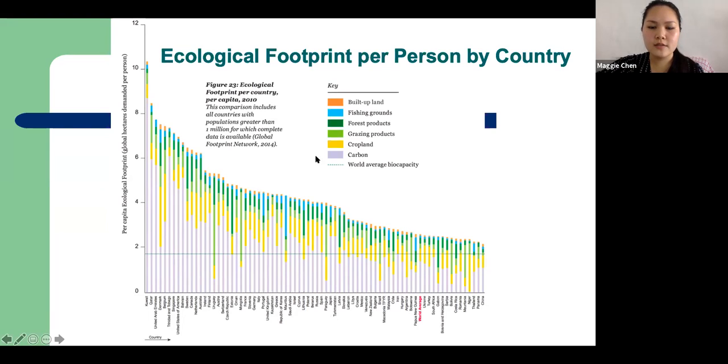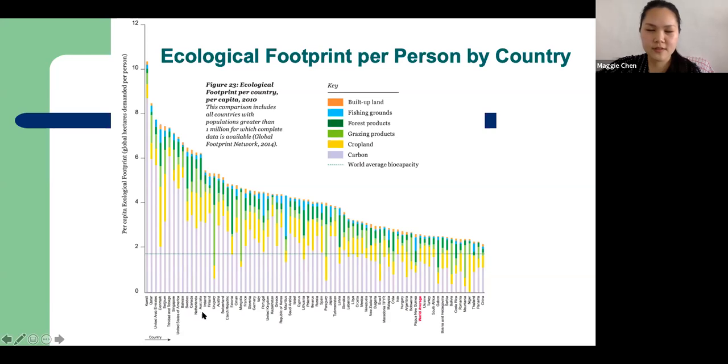In the different colors, our key shows that there are different types of resources. Gray is carbon, yellow is cropland, light green is grazing products, dark green is forest products, light blue is fishing grounds, and orange is built-up land. Just some background on what is producing your ecological footprint with the different parts of that.